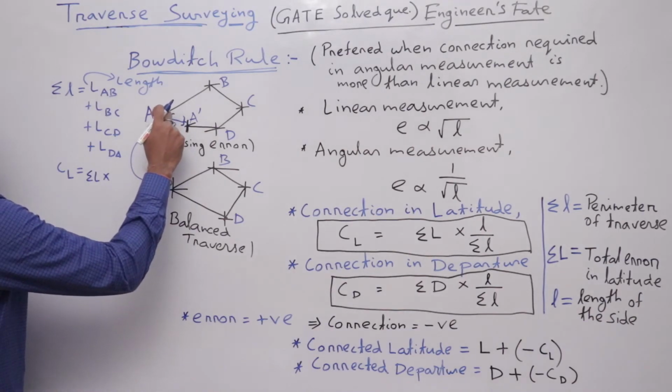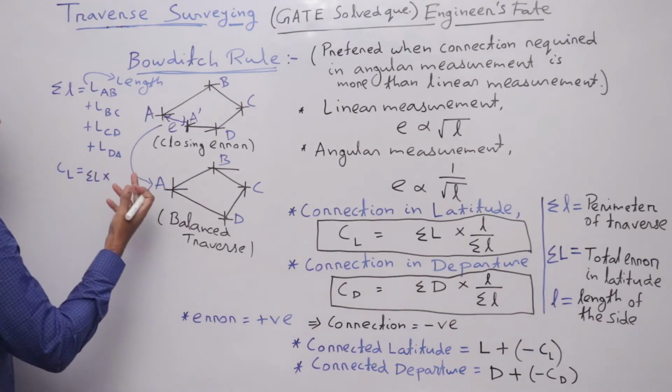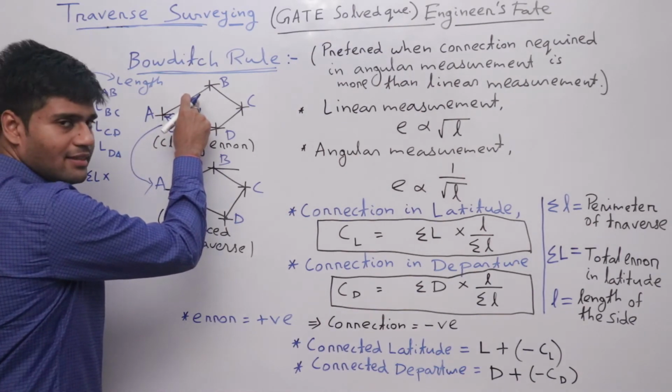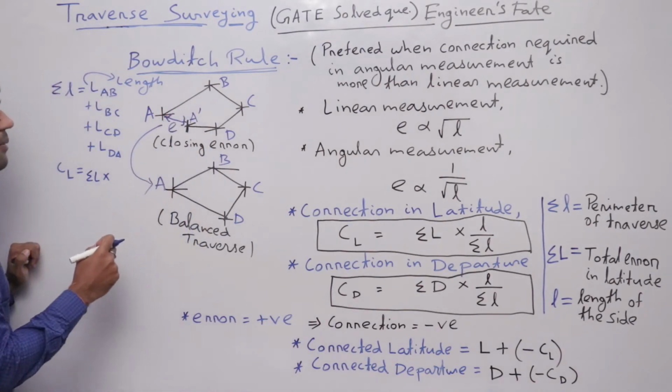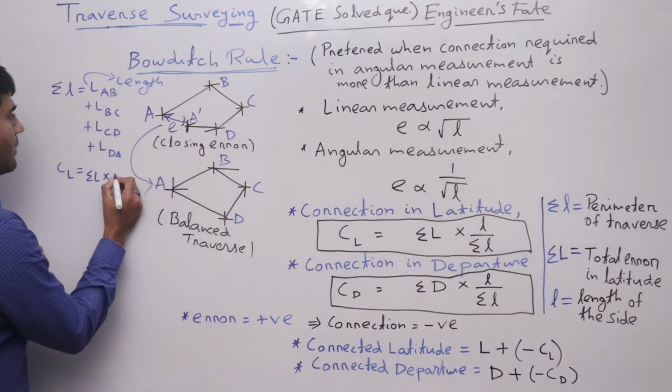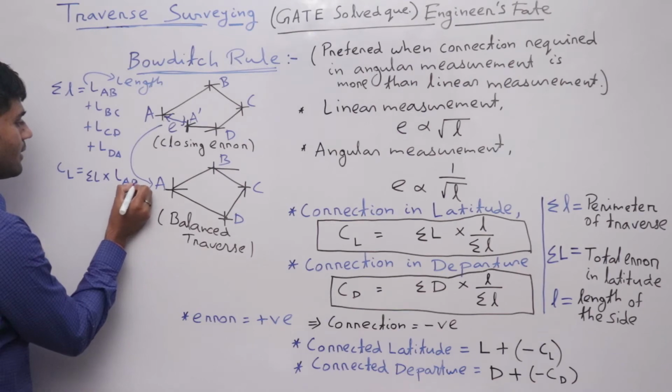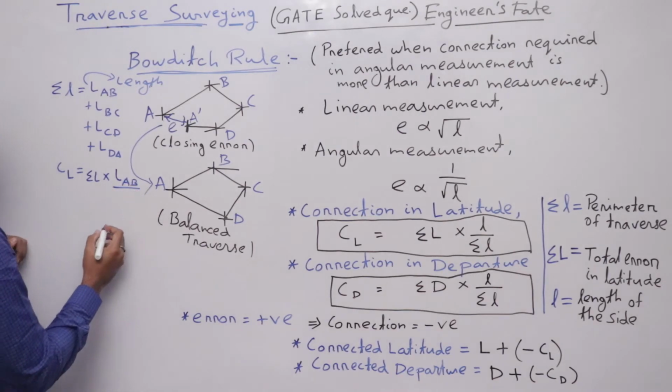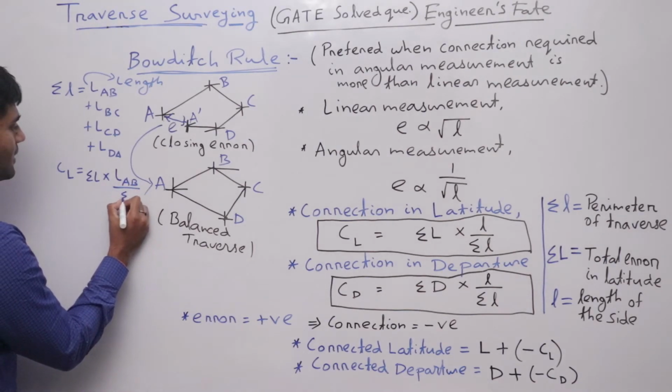So what will be small l here? Suppose I am having an error in length AB and I want to apply the correction in this length AB first. So that will be length AB divided by the summation of small l.